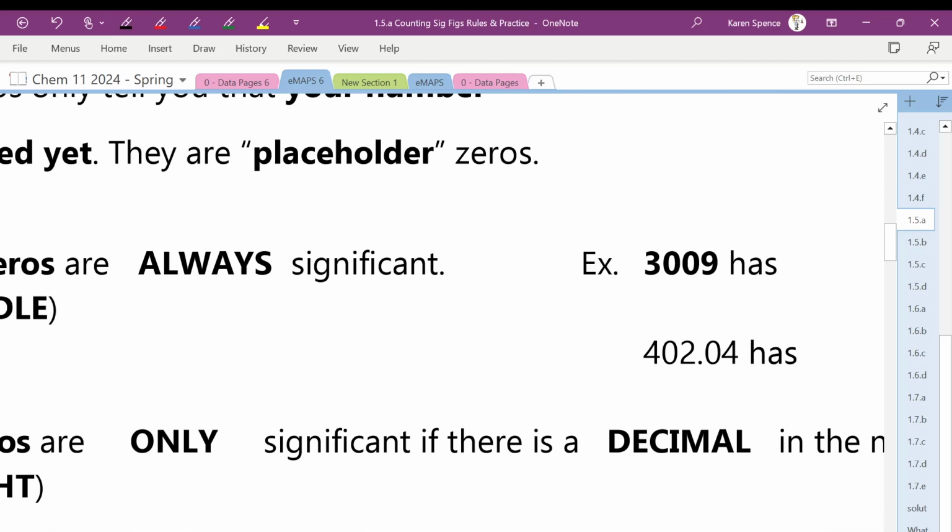Now, how about 3009? 4, because those are zeros in the middle, and zeros in the middle are significant. So those are 4 sig figs. How about 402.04? 5, because all the zeros are in the middle, and zeros in the middle are always significant.